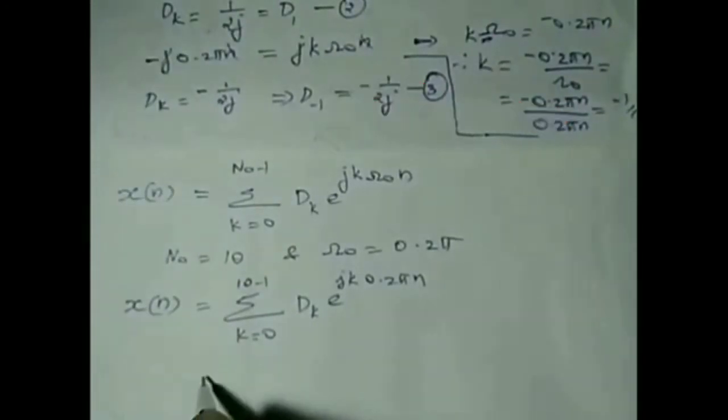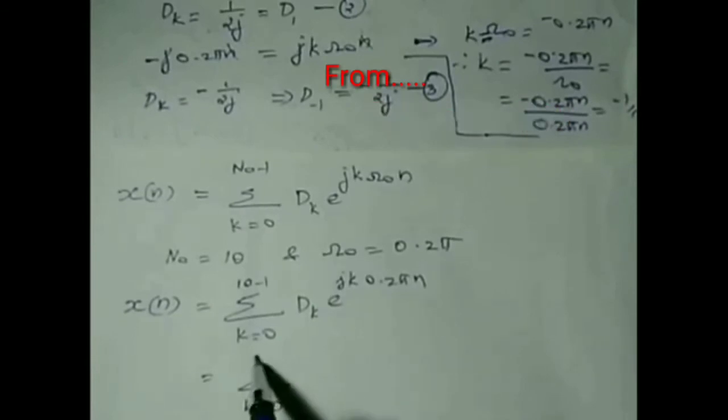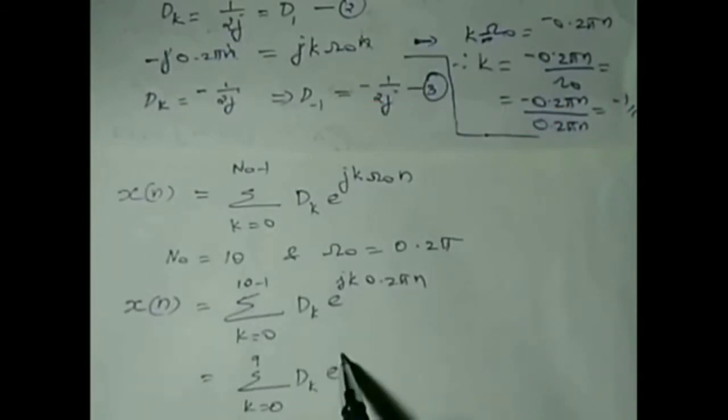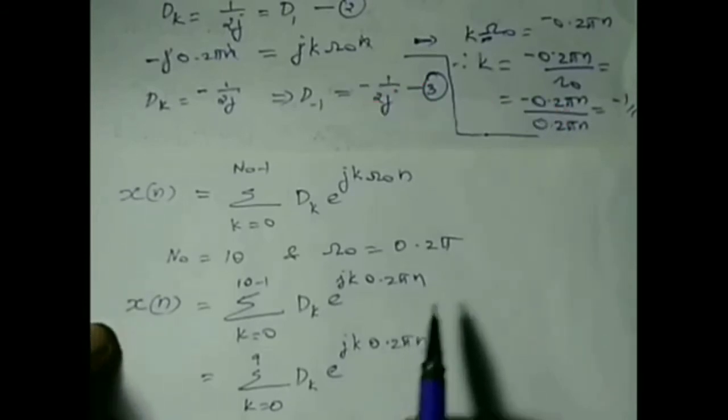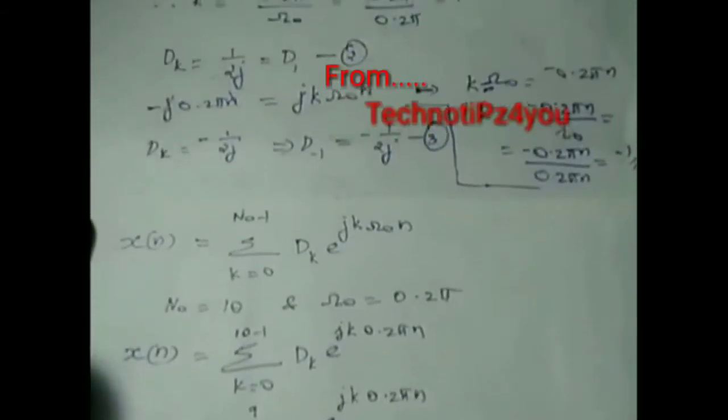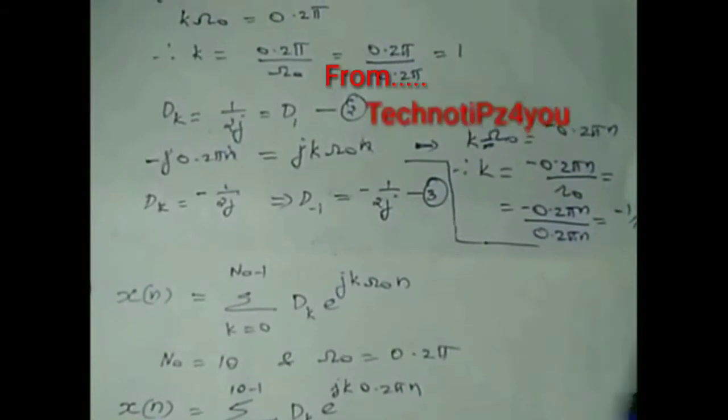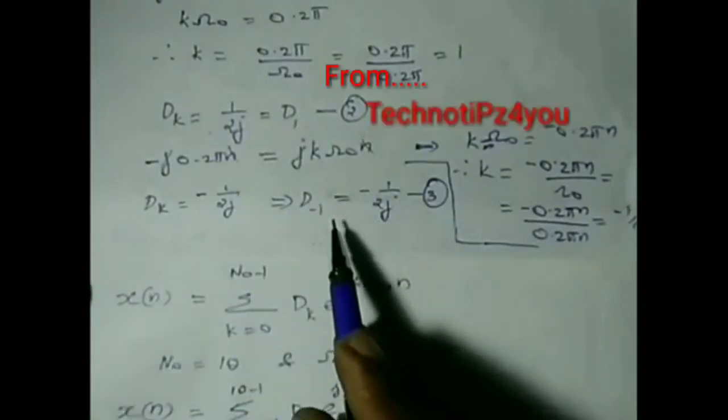Then this is equal to sigma k equal to 0 to 9, d suffix k e raised to j k 0.2 pi n. Now one thing to be noted is that the number of Fourier coefficients we obtained is 2. We obtained only 2 Fourier coefficients, d1 and d minus 1.